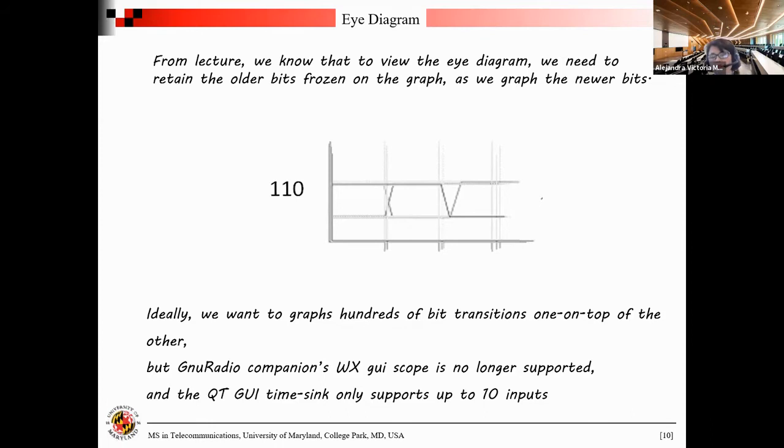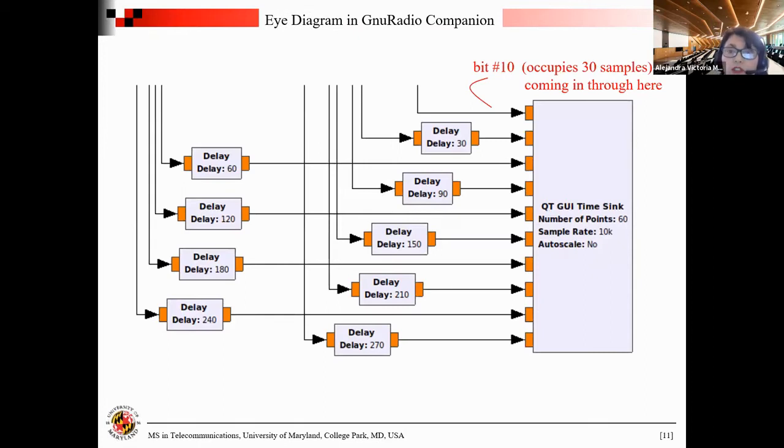If you try to put in 11 inputs, it will not compile. So it will not create the Python code for you. So the problem is that we're going to have to do our eye diagram with only 10 snapshots, one over the other. And the way we're going to do that is we're going to do a Qt GUI timesync with 10 inputs.